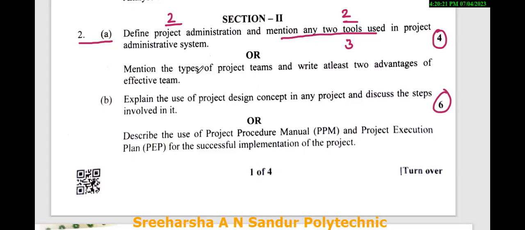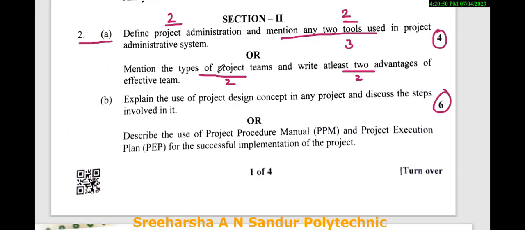Here again, mention the types of project team and write at least 2 advantages of an effective team. So what is asked here? Again it is for 4 marks. Mention the types of project teams, the different types of teams. This question carries 2 marks and the other carries 2 marks.